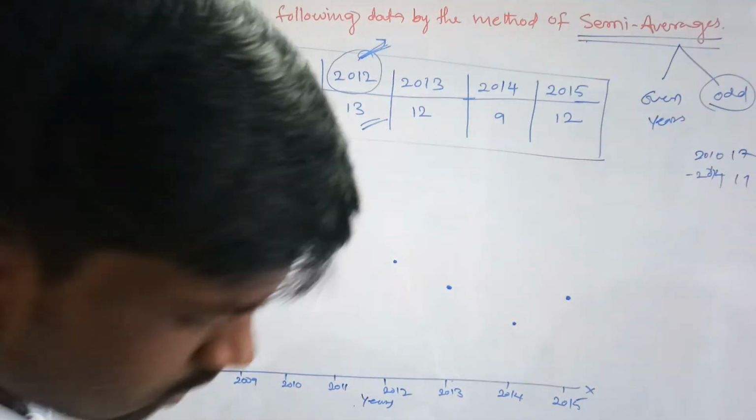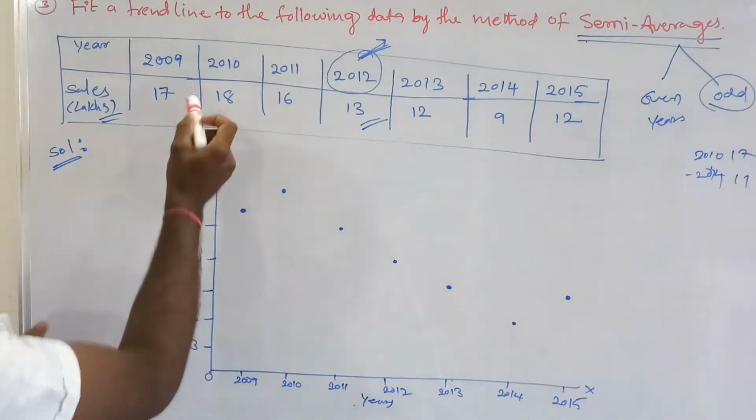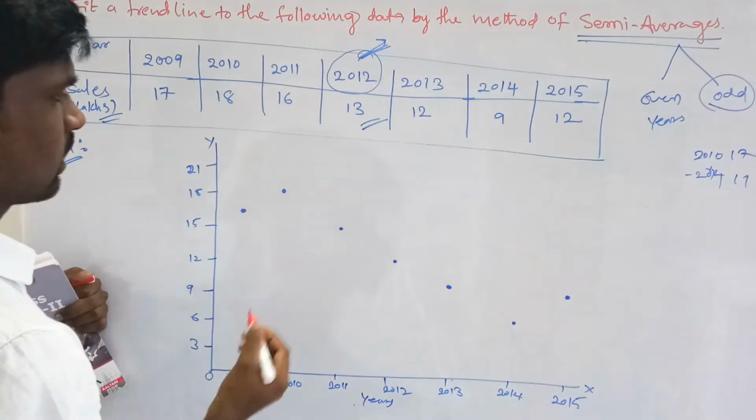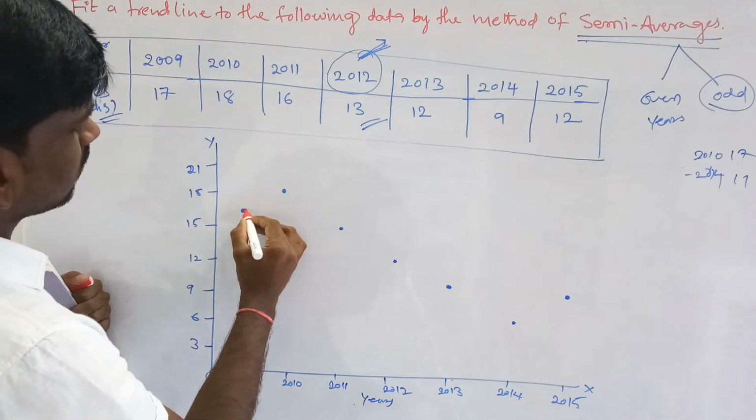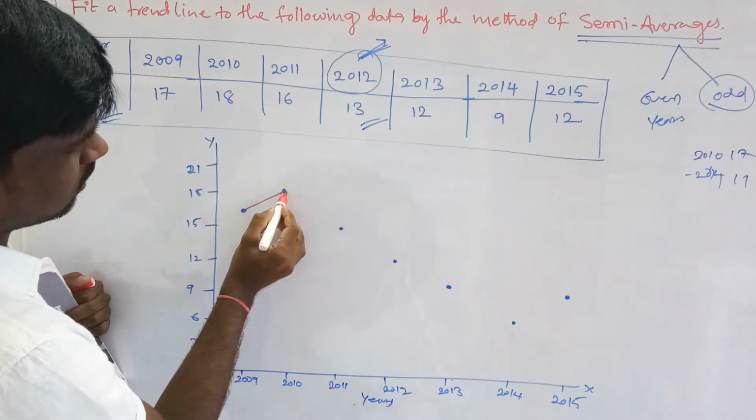So these are the dots we have plotted by using the data of the respective years. So we can connect all these dots.